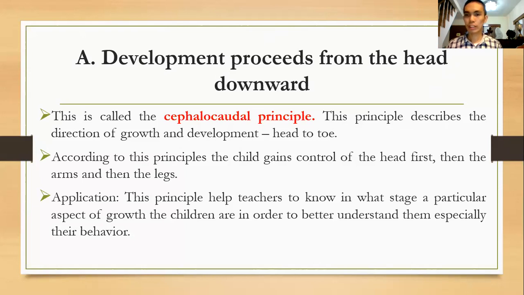This principle describes the direction of growth and development, head to toe. According to this principle, the child gains control of the head first, then the arms and the legs.